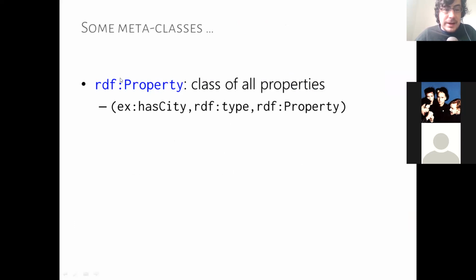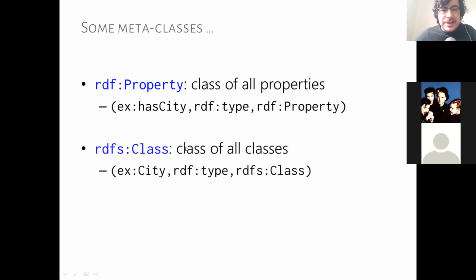We have RDF property, already defined in the RDF namespace. It's the class of all properties. So we can say, for example, that has city is of type RDF property. All of the instances of this class will be interpreted as properties.